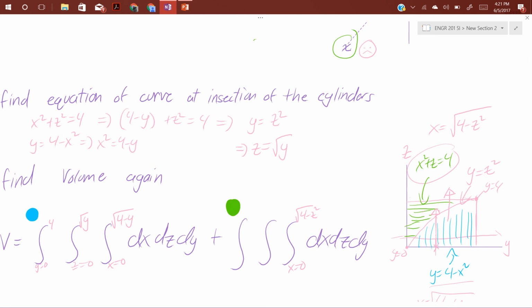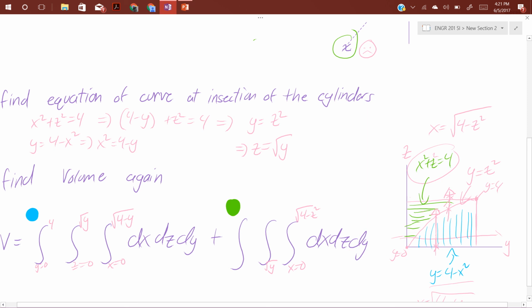So for z, again, we look at the green region. We look at what we enter and what we exit the green region. So we enter at this boundary line, so we can say z equals the square root of y. But it exits at x squared plus z squared equal to 4. Sorry, we don't write the equation.